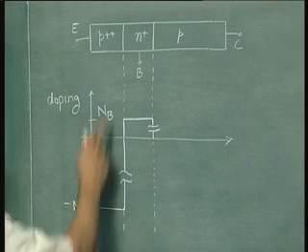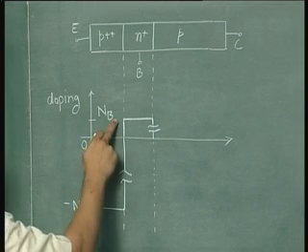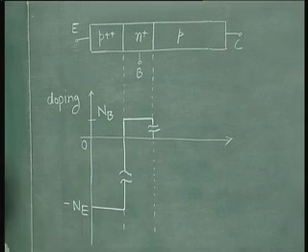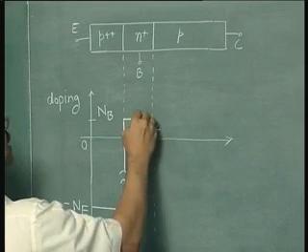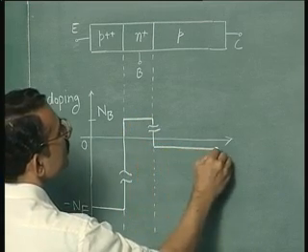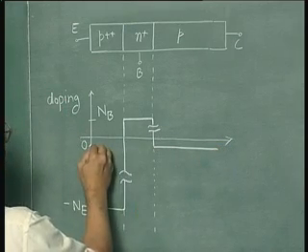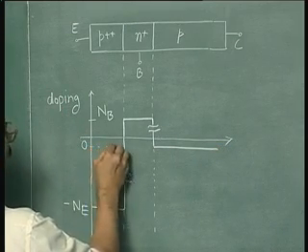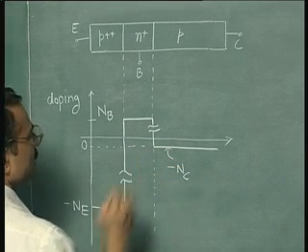It is understood that if it is a PNP transistor, the emitter doping is acceptor type while the base doping is donor type. Similarly, we come to the collector, and here the doping is even less than the base doping. So this is shown something like this. So this is minus N_C.